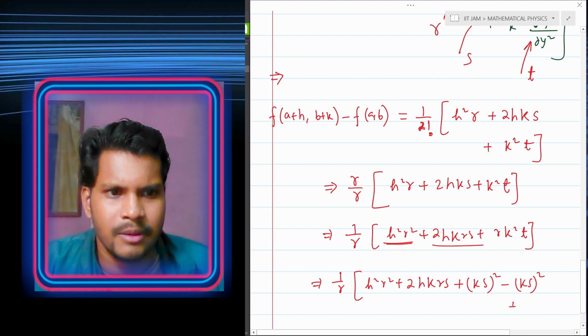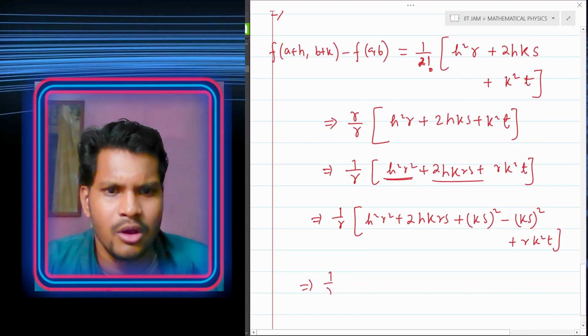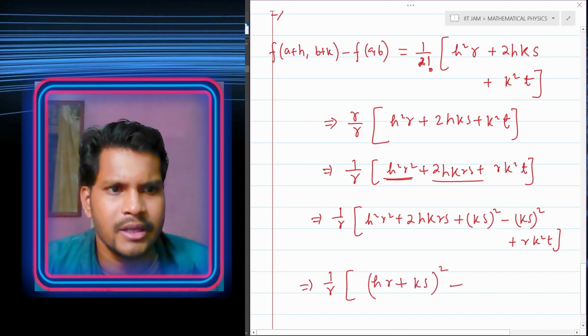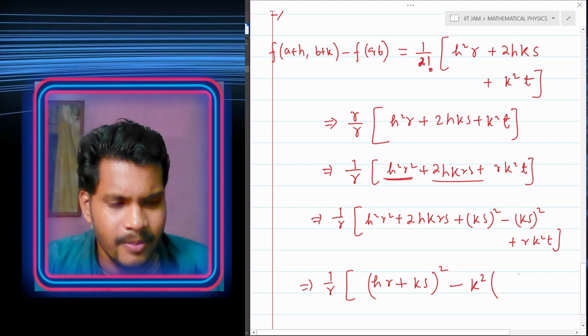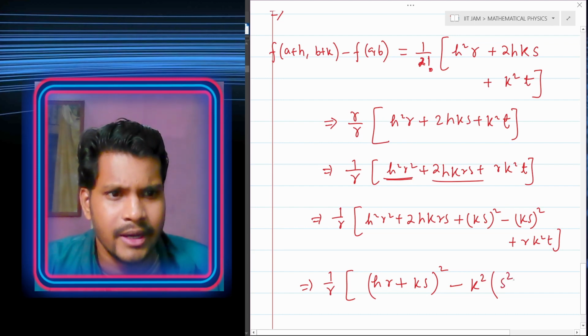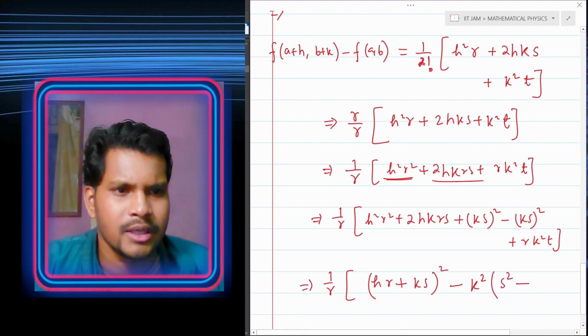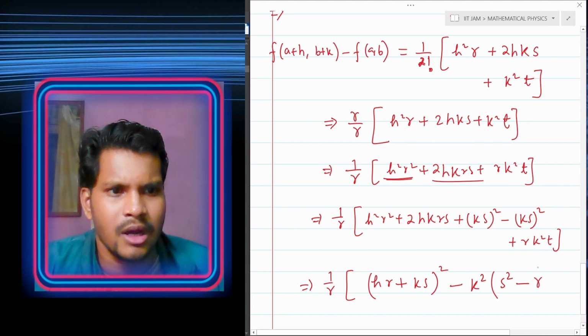Okay, and then plus rk square t, then I have here 1/r (hr plus ks) whole squared, and here I can simply take out what I can take out. I can take out k squared, and here we will get s square, just negative common, and then we will get rt.